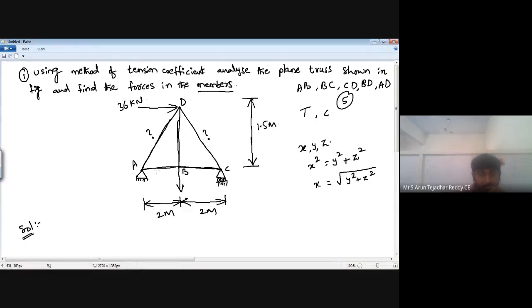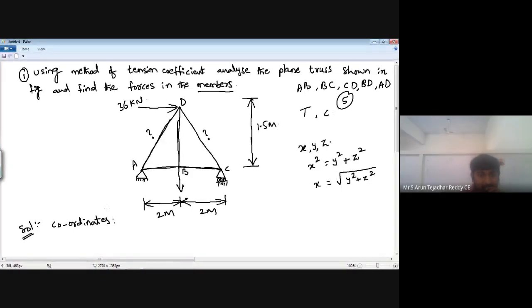But before calculating the length of the unknown members, first you need to understand the coordinates. Because we are going to use the Pythagoras theorem, first of all calculate the coordinates.